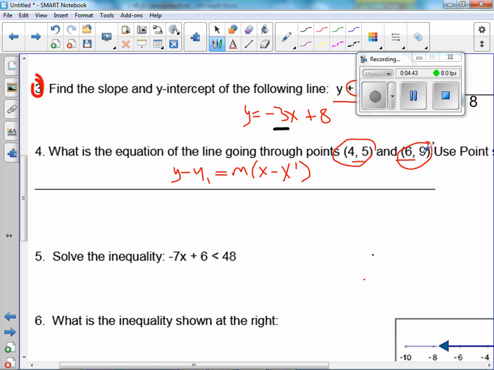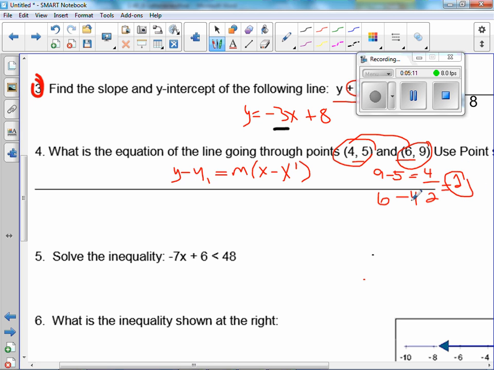You determine the slope by subtracting the y and then subtracting the x. So if we're going to subtract the y, we're going to have 9 minus 5 will give us 4. Then we're going to subtract the x, and we have 6 minus 4 give us 2. So we can reduce that so we know the slope is 2.